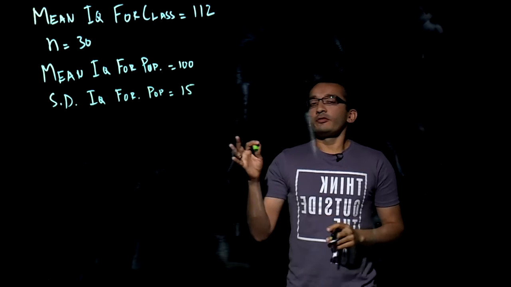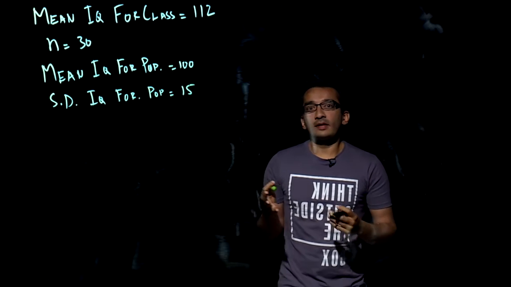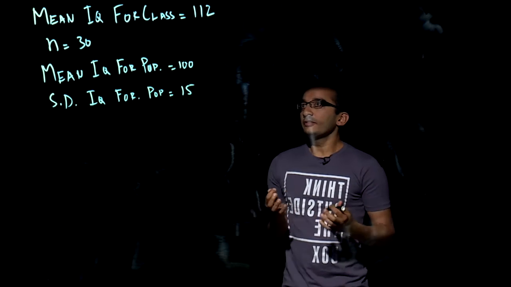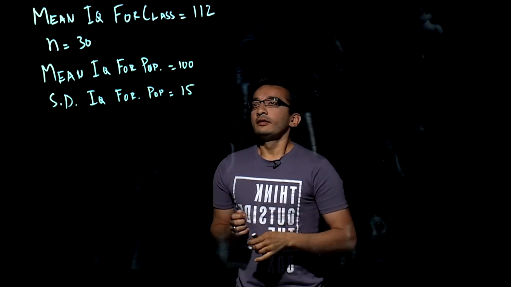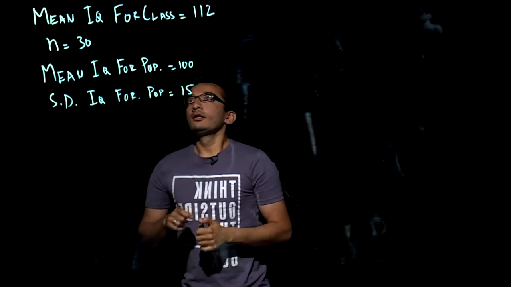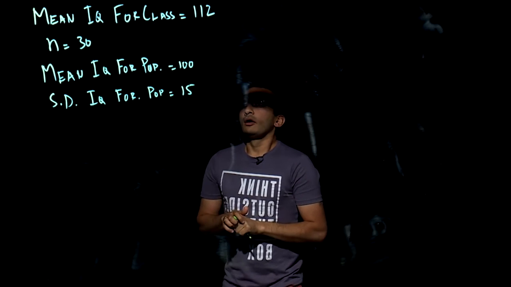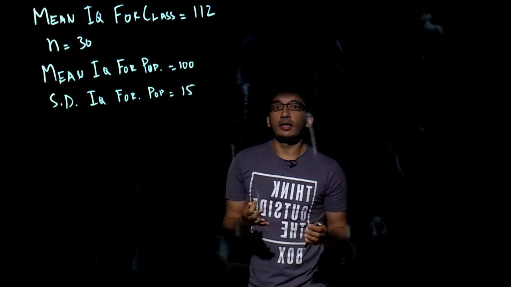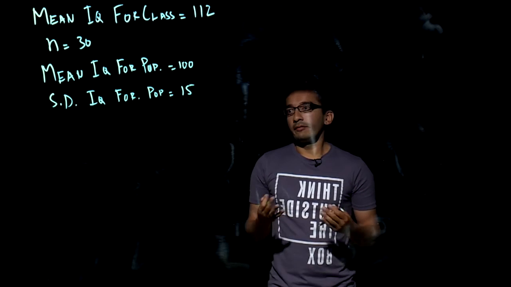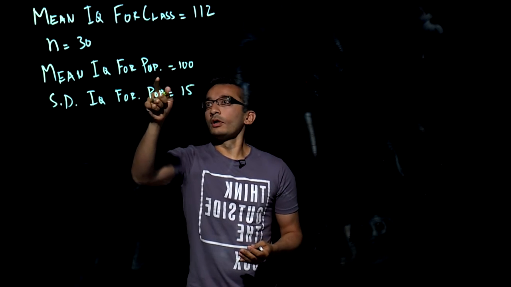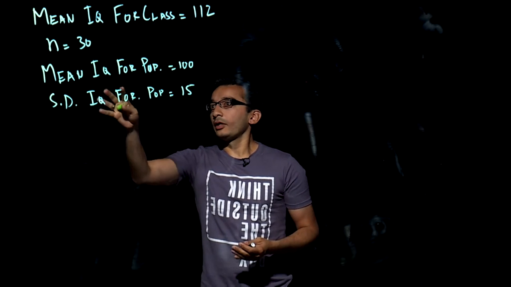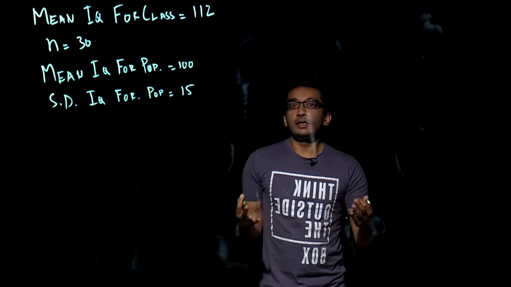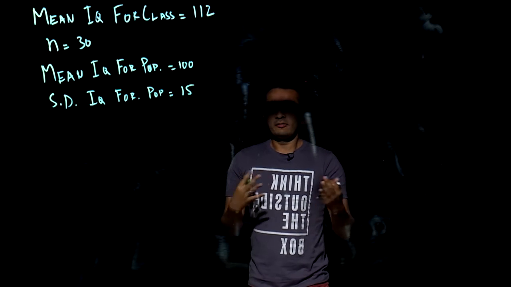So given this piece of information, we want to test this hypothesis of a higher IQ level for the class. The first thing which will come to your mind is that since this teacher actually took out a random sample of 30 students, and actually calculated their mean IQ scores of 112, and we know that the mean for the IQ scores for the total population is 100, why do we actually need to see that there is a difference or not?